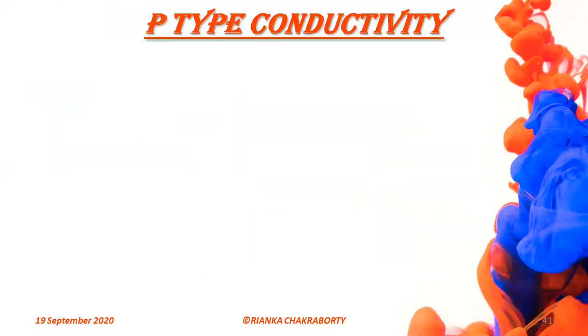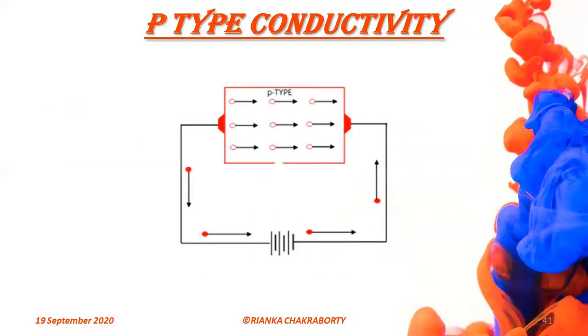So, this is the P-type conductivity. When a potential difference is applied to the P-type semiconductor, the holes donated by the impurity are shifted from one covalent bond to another.